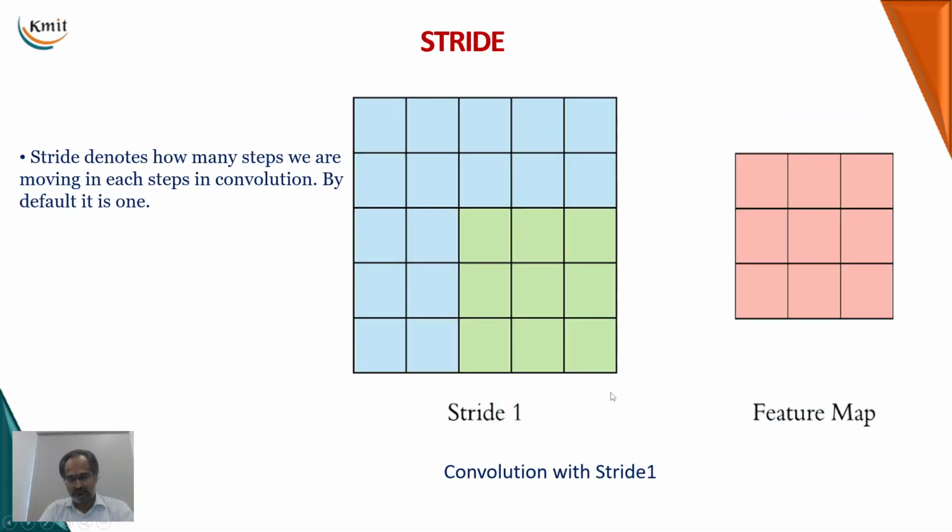If you apply stride 2, then 2 pixels will be moved, so we will get a very small image. Like this we can fix the stride to move over the image.